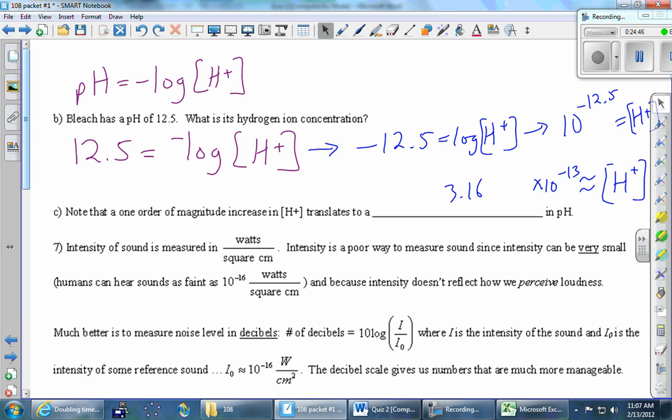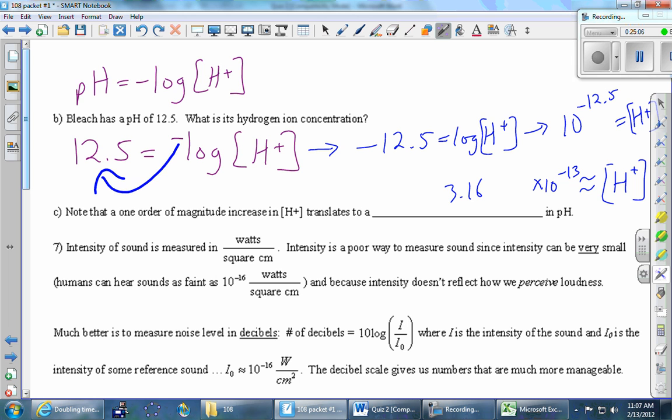Question. Just to go over how that equation happens there. Oh, the 10 to the minus 12.5? Yes, absolutely. First thing I did is I took that negative sign and moved it over there, so it's just negative 12.5.